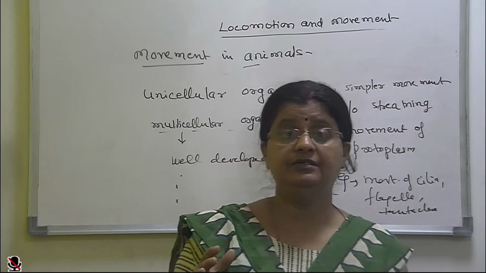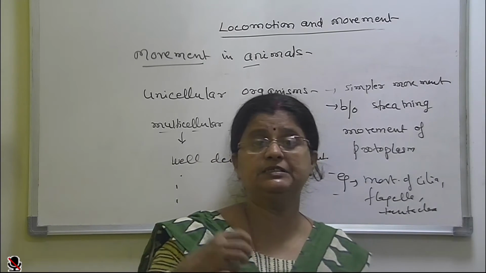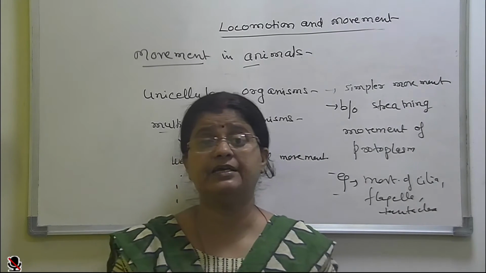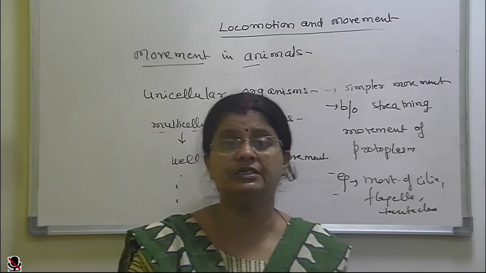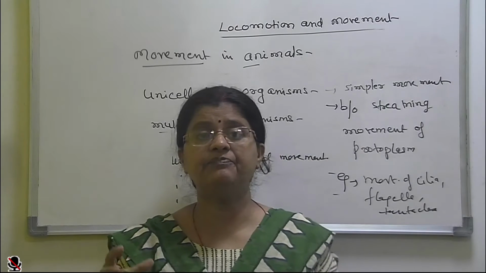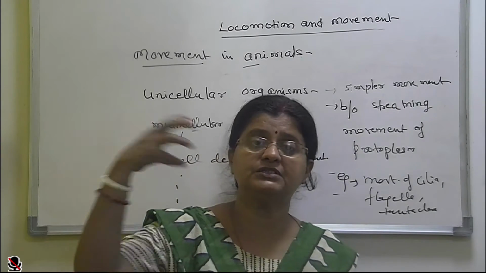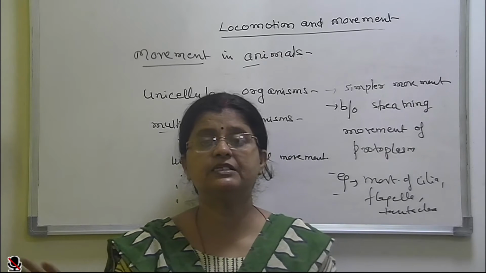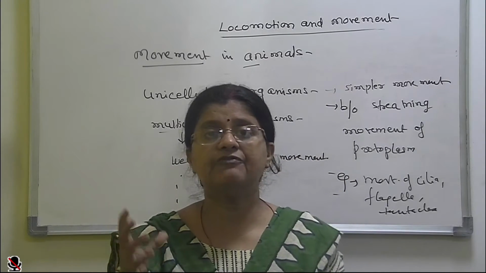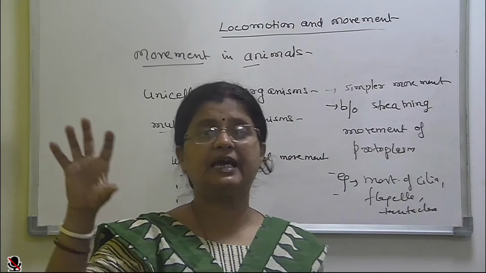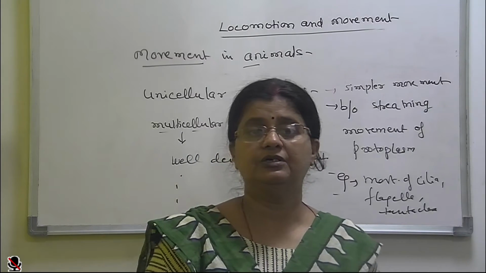In unicellular organisms, the locomotory organs serve many purposes; they do not have a specific locomotory organ, but the cilia help. In hydra, the tentacles catch the prey, as well as help in locomotion.